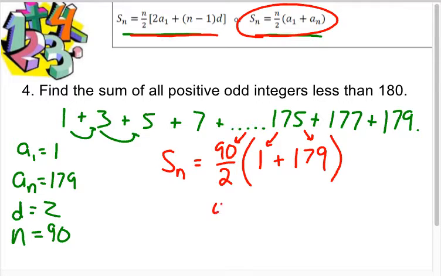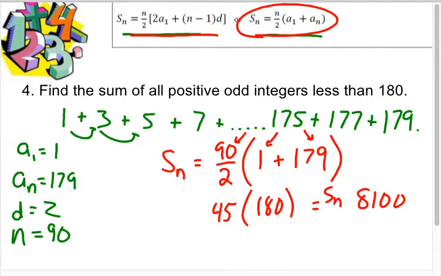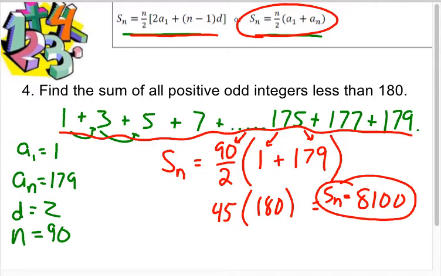So 45 times 180. 45 times 180, you should get 8,100. I'm sorry, yeah, 8,100. That's what S sub n equals. That's the sum of all the terms in this series. And once again, a series is just a sequence, but you're adding all your terms together.